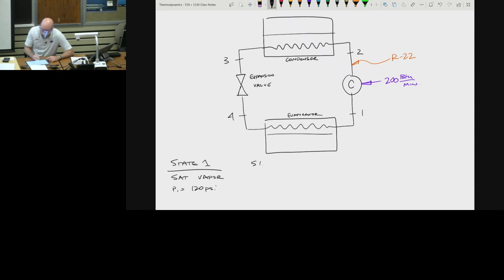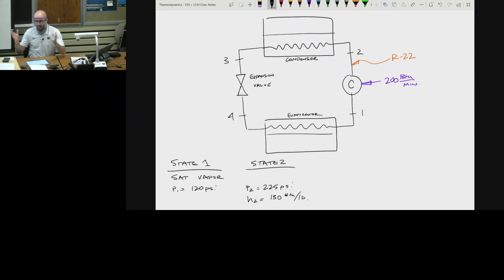And then it's going to go through that compressor. And so it's going to compress it. And state 2, the pressure at state 2 is going to be higher, 225 psi. I'm going to tell you the enthalpy at 2 is going to be equal to 130 BTUs per pound. Now, this is going to be a hot vapor, and the condenser is going to do exactly what it says.